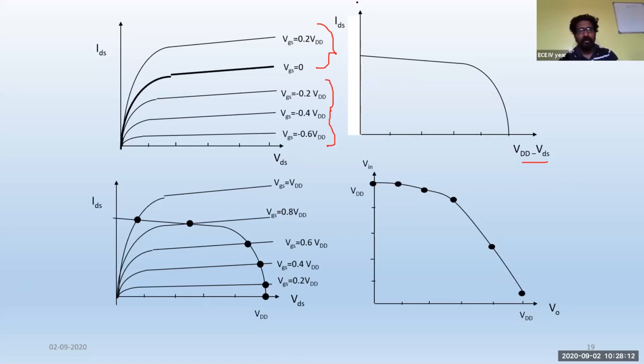If VGS is equal to ground, whenever the VGS is equal to VDD, your current will be very high here. If it is equal to 0.2 times the VDD, then the current is going to be very less. It depends upon the channel width.